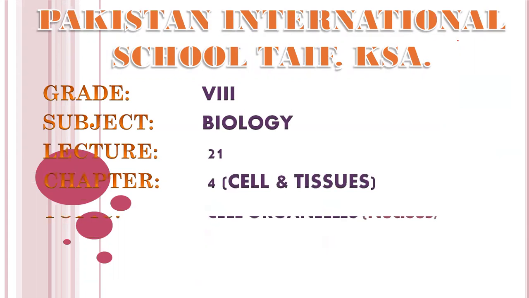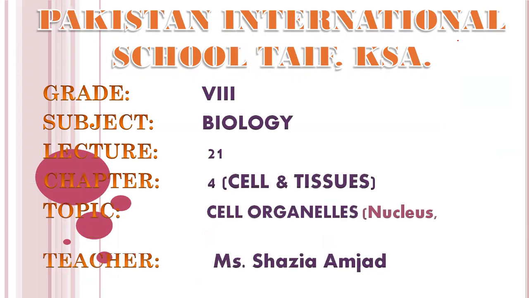Dear students, we have started from the previous lecture, chapter number 4, that is about cells and tissues. In cells and tissues, we have studied before about the microscope and the emergence of cell theory.